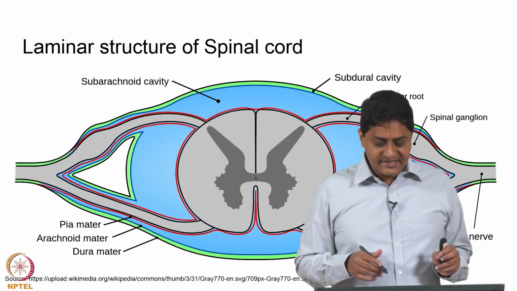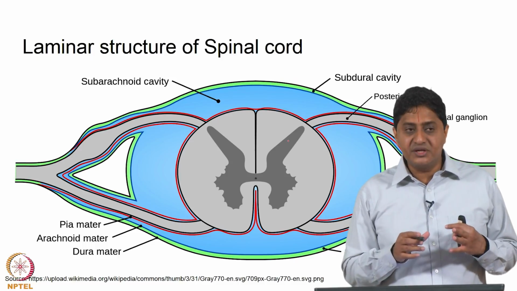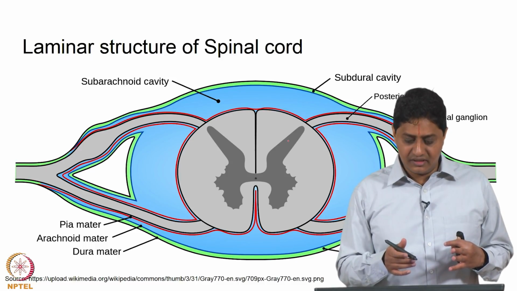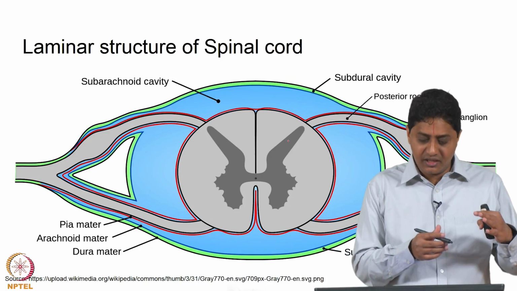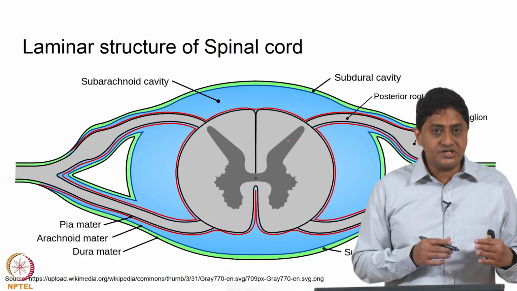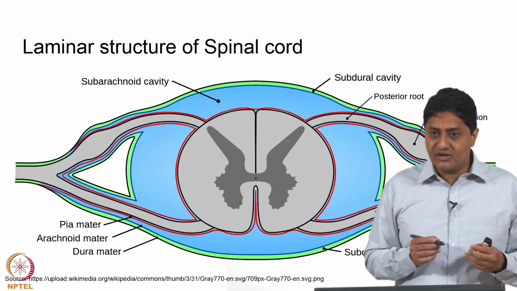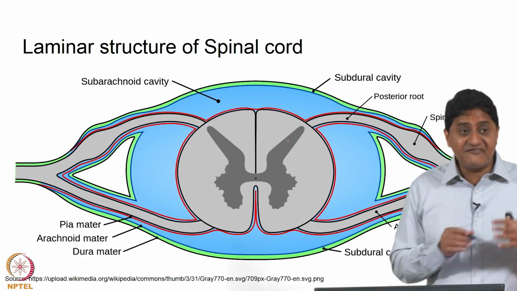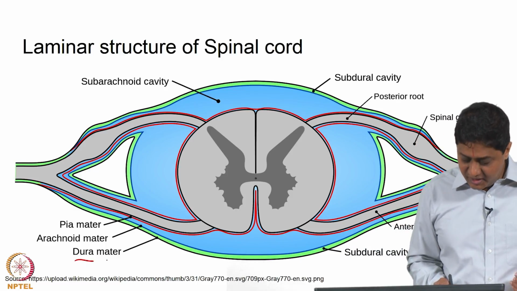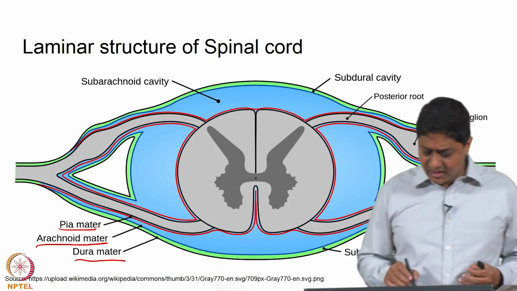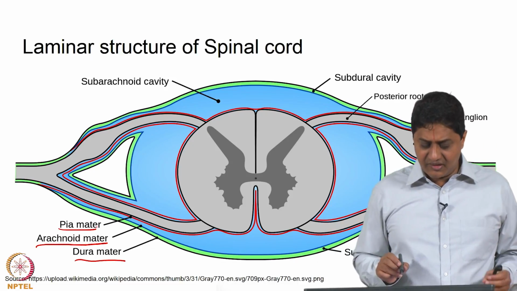So, remember, as I said, this is a continuation of brain structure. The brain stem starts as the precursor to the spinal cord and then descends down. That means this structure is not different from the brain in the sense that there exist several protective layers. There exist the dura mater, arachnoid membrane and pia mater. So, there are several layers of protective membrane.